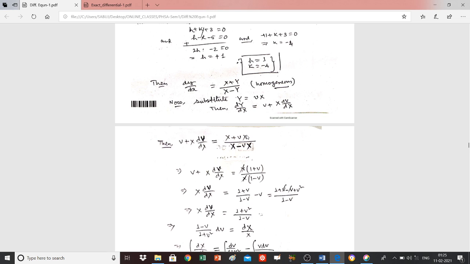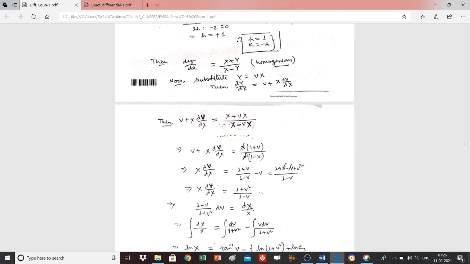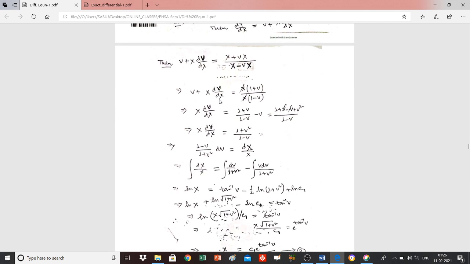It is not difficult to understand. So this equation becomes capital dY by capital dX is equal to (X plus Y) by (X minus Y). Just substitute the values, so that will give you v plus x dv by dx is equal to (x plus vx) by (x minus vx).